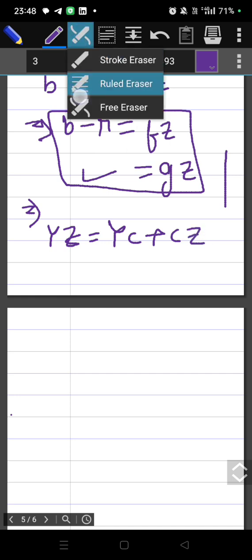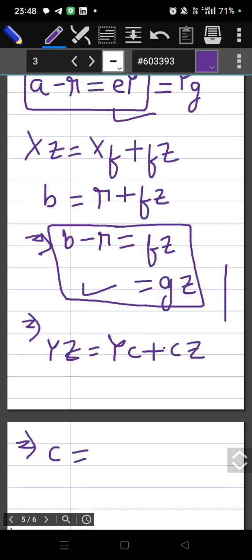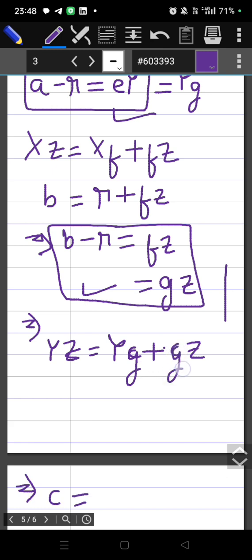Okay, let me write this properly. What was our YZ? It was c, and it will be YG plus GZ.